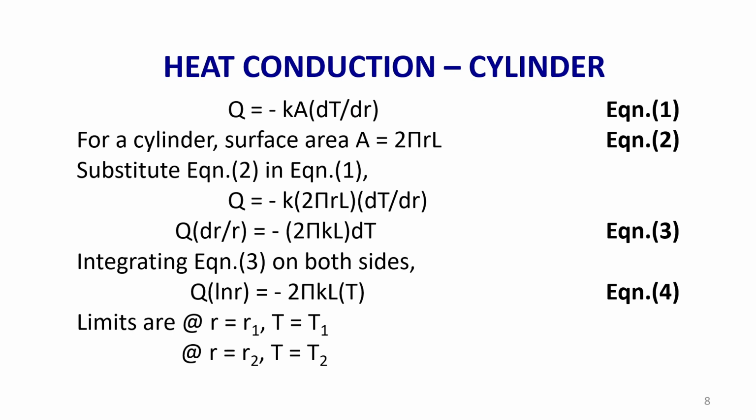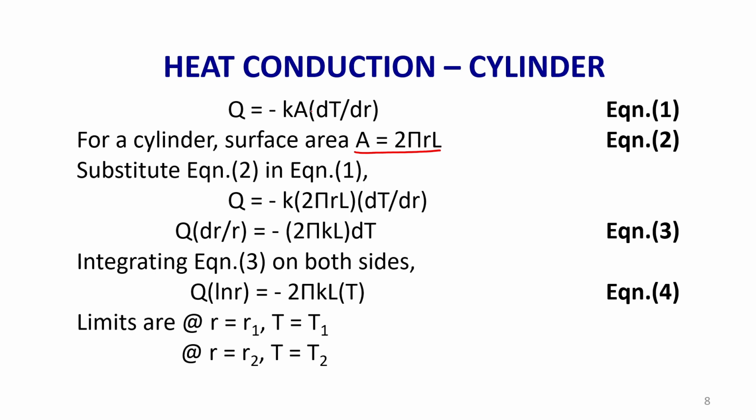Now, I am going to substitute instead of A the surface area of the cylinder. We know the surface area of the cylinder is 2 pi RH, where h is the length of the cylinder. Here I am taking L instead of h. So, this is the surface area of the cylinder.